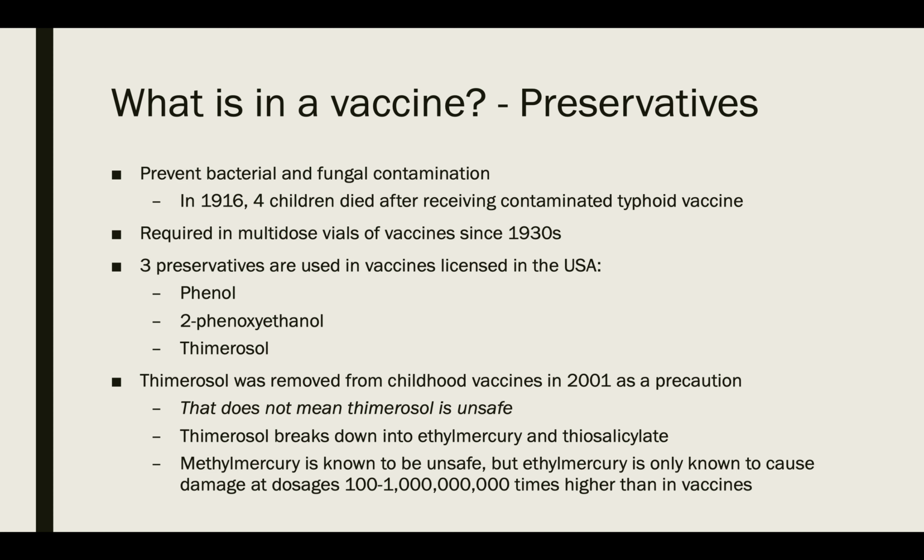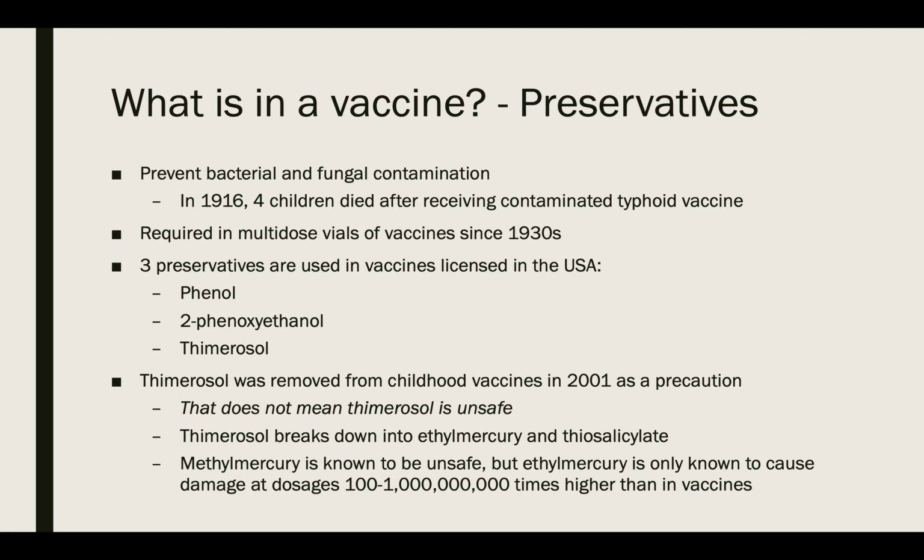It was removed from childhood vaccines in 2001 simply as a precaution. Congress was going through and looking at things that contained mercury because there was a concern about people ingesting too much mercury. Thimerosal contains ethyl mercury, so it was removed again as a precaution.